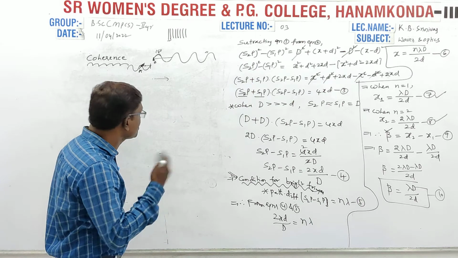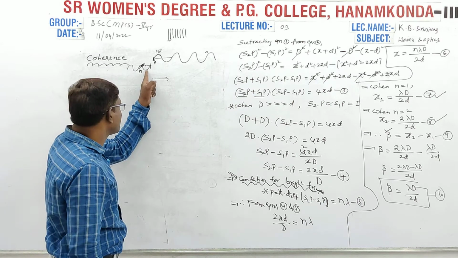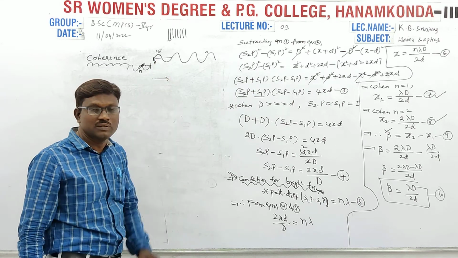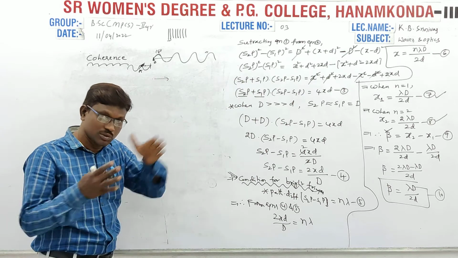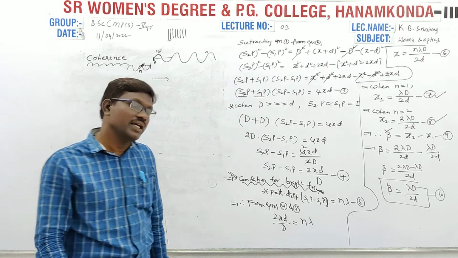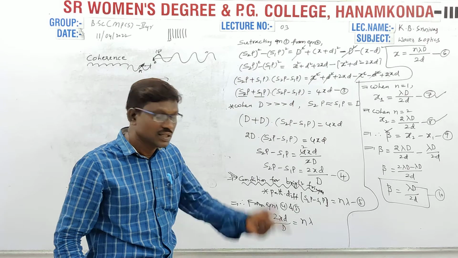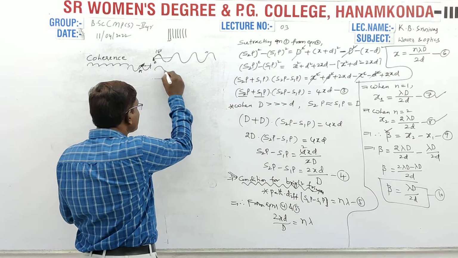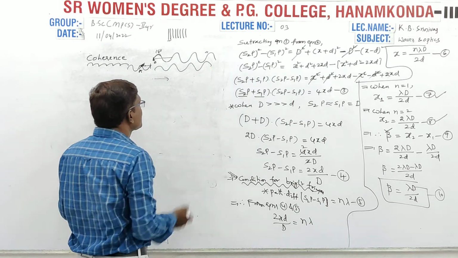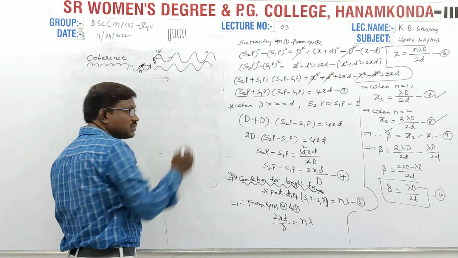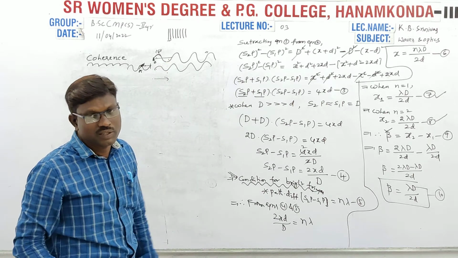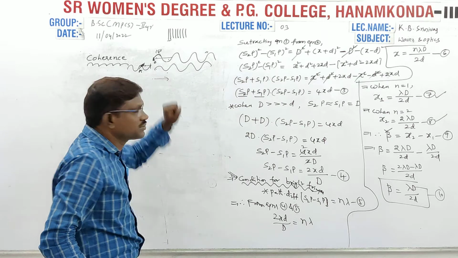If throughout the motion they are maintaining the same phase difference, these two waves can superimpose on each other and they can form interfering fringes. Or if the two waves are in the same phase also, crest with crest, trough with trough, there is no phase difference between these two waves.